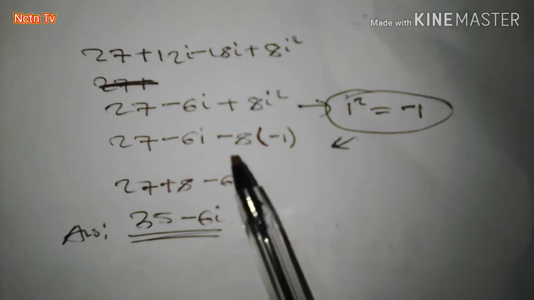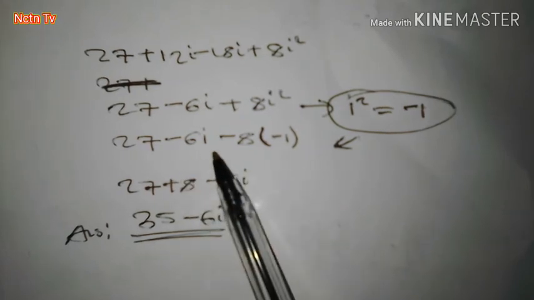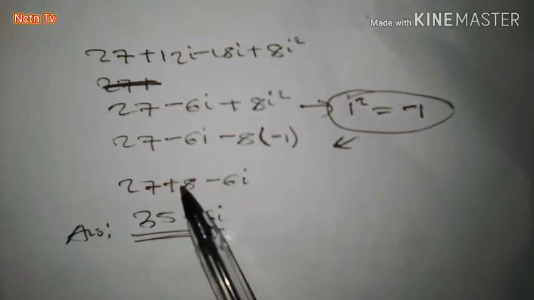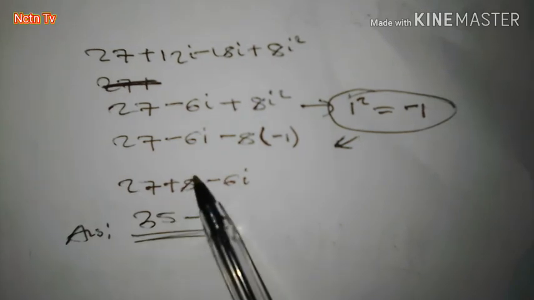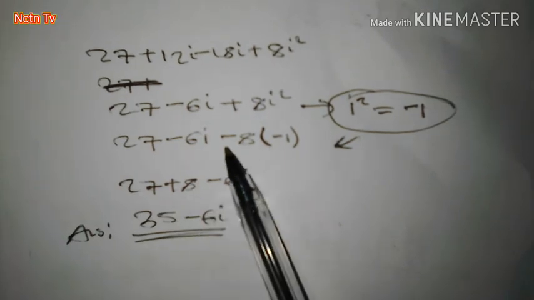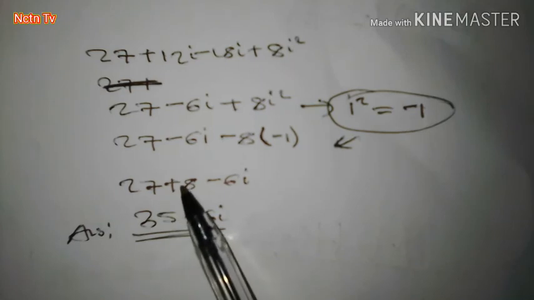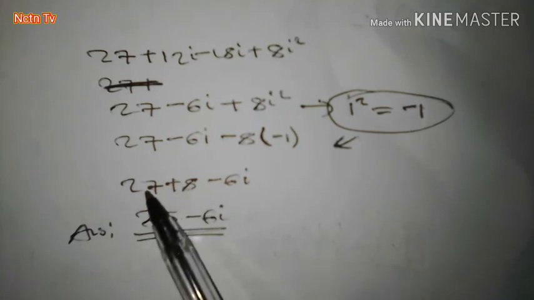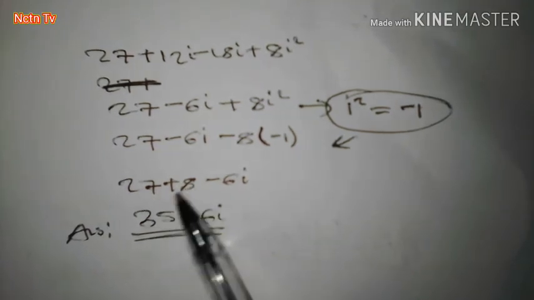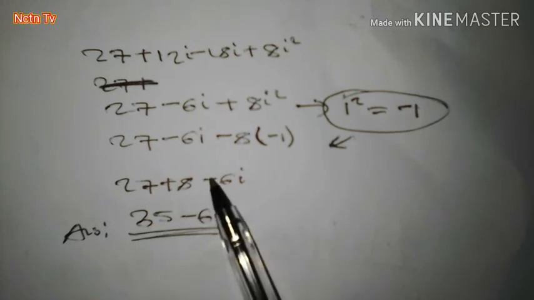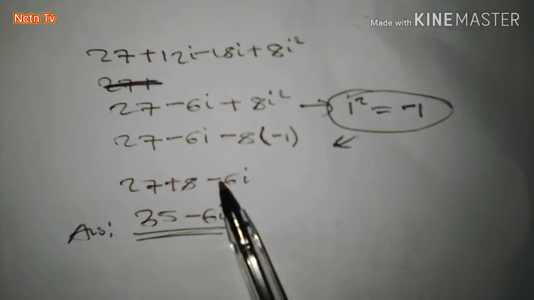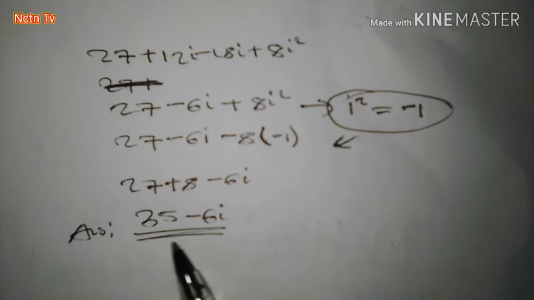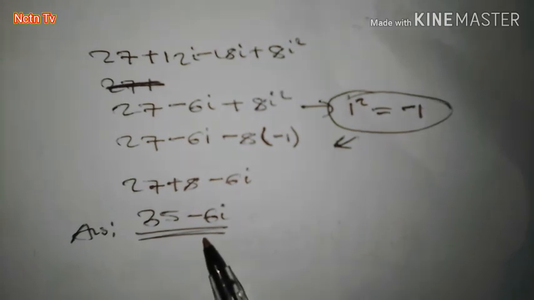Then we collect the like terms, because this one and this one give us a positive 8, and we put it here. 27 plus 8 gives us 35. Then minus 6i just comes down, and this will be the answer.